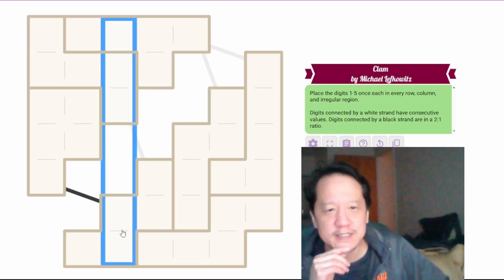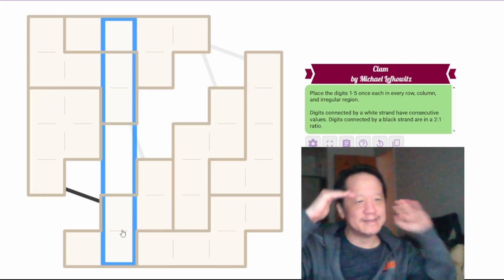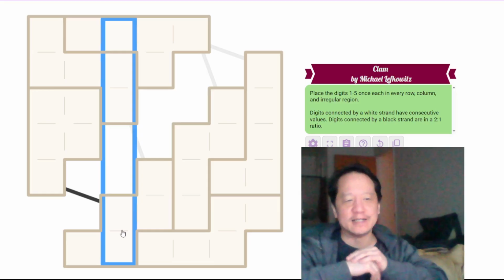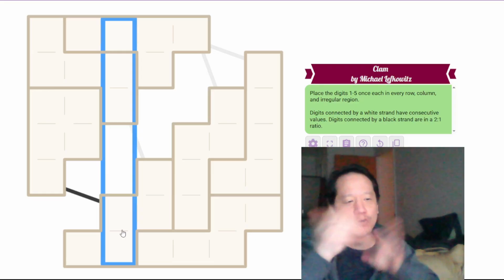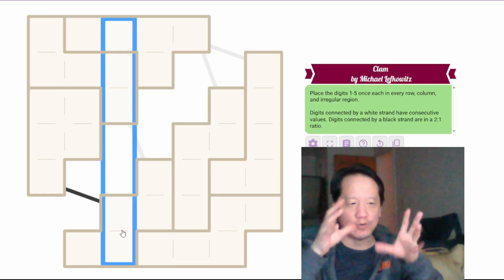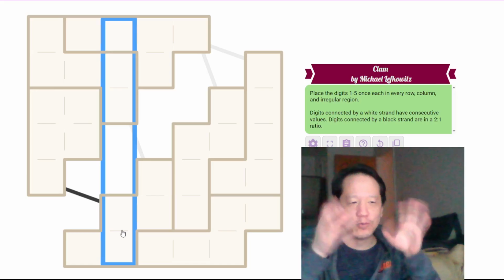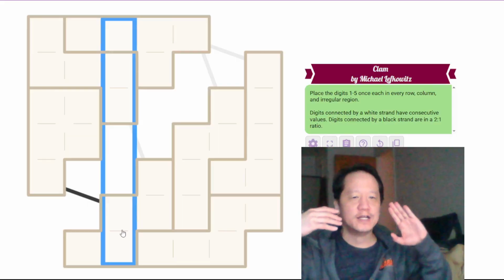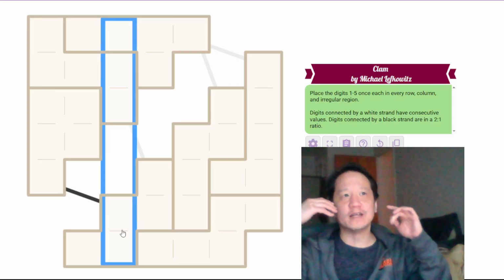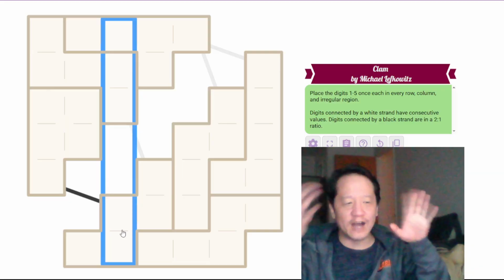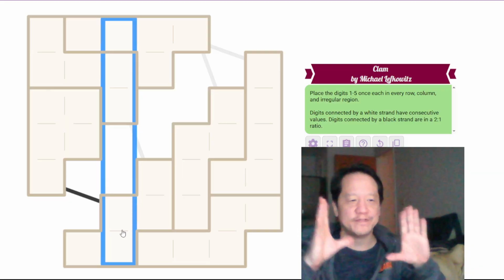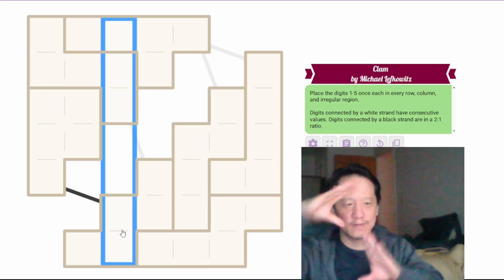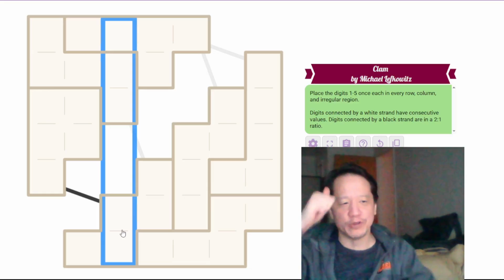This is definitely not similar to normal irregular region rules. Because normally, if you have a 5 by 5, you have 5 regions of 1 through 5.